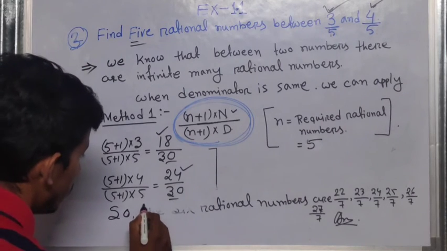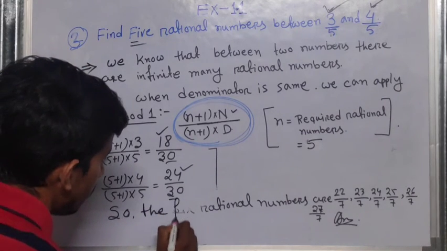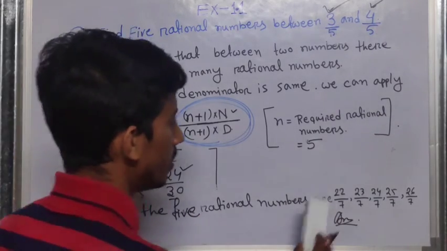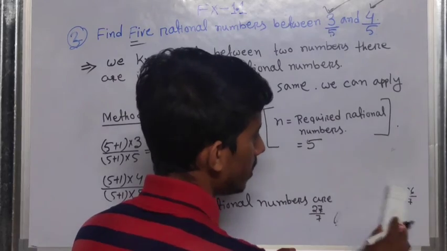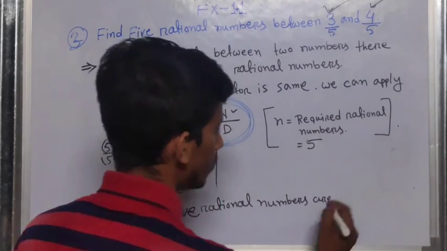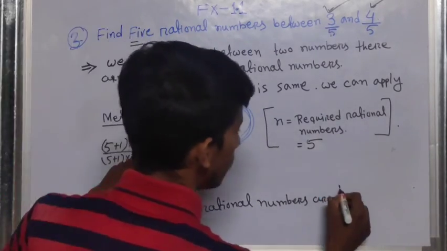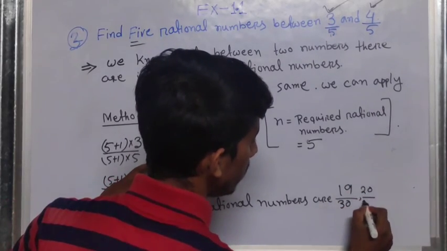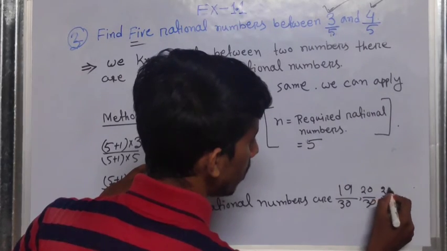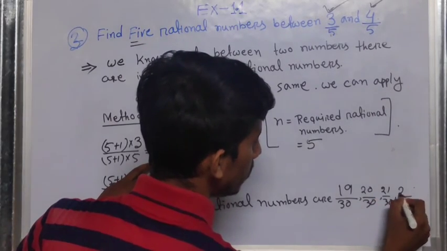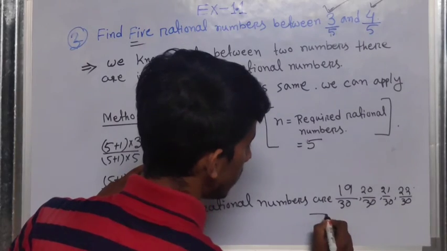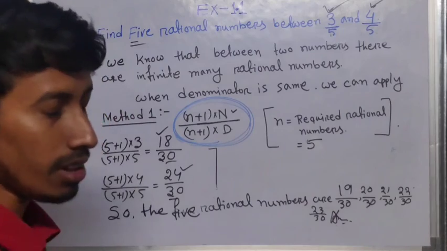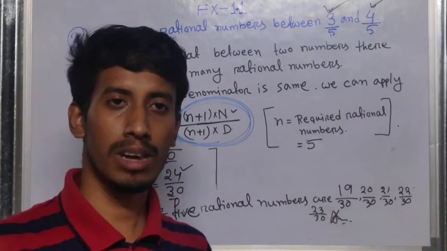So the 5 rational numbers are, after 18, 19 by 30, 20 by 30, 21 by 30, 22 by 30, at last 23 by 30. See, so these are the 5 required rational numbers.